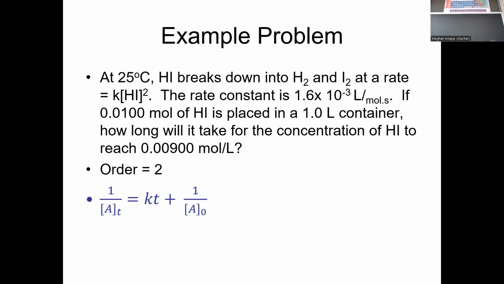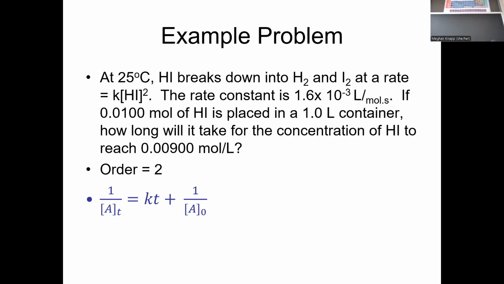Now we're going to use the equation with 1 over. So for integrated rate laws, we have to pay attention to what the order is and then pick the correct equation. So the rate constant is 1.6 times 10 to the negative 3. And remember, rate constant is K. So this number is K.